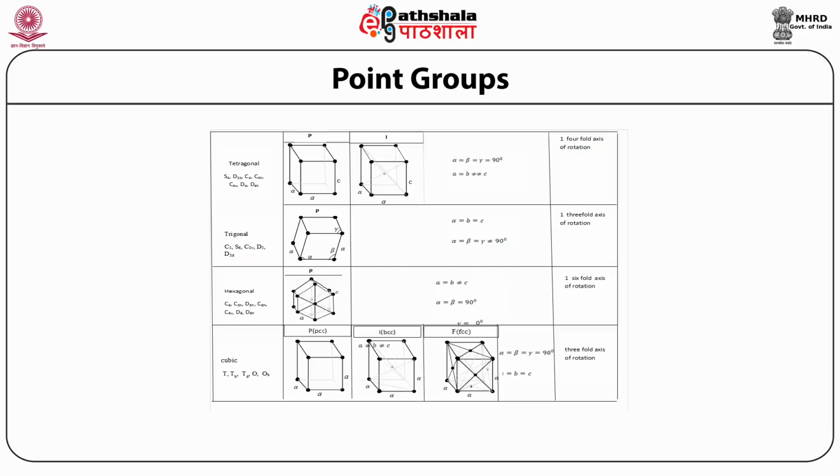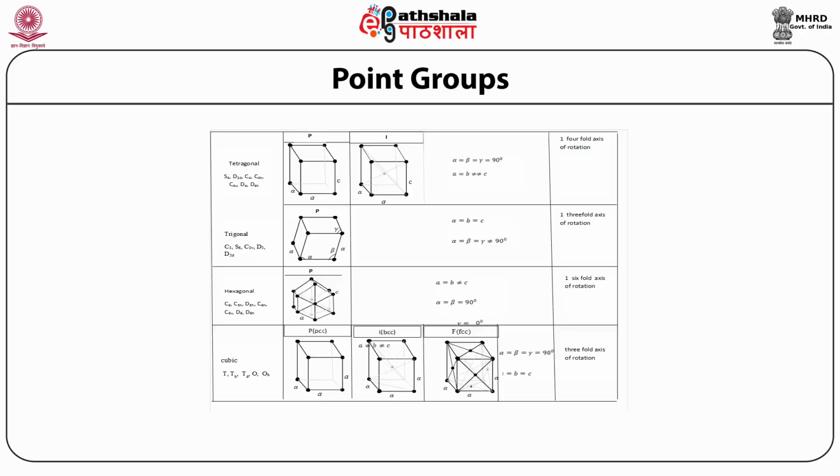The sixth lattice system which we consider is the hexagonal system. It is specified by two angles, alpha and beta, equal to 90 degrees, two of the length parameters being the same and the third one being different.